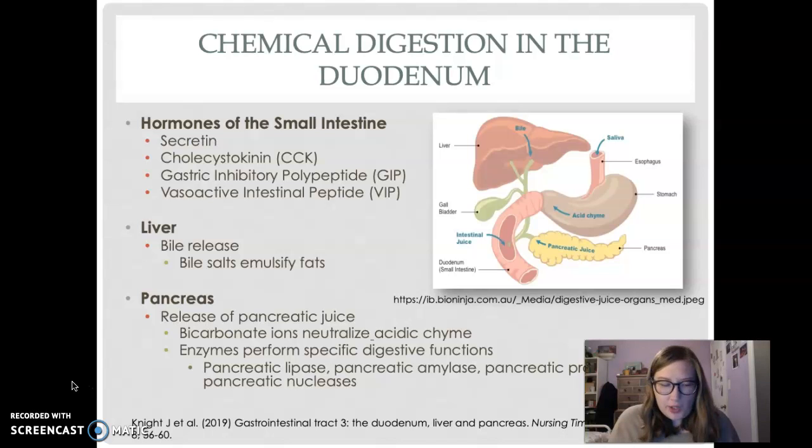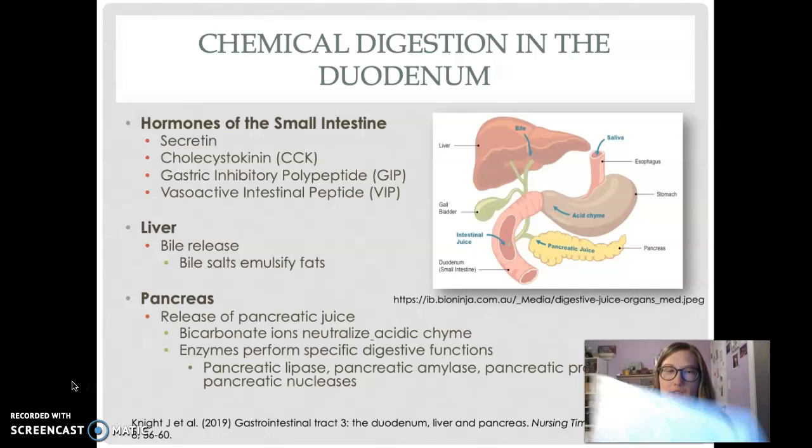Pancreatic lipase breaks down triglycerides into fatty acids and glycerol for absorption, like salivary and gastric lipase. Pancreatic amylase breaks down carbohydrates, or starch, into disaccharides and trisaccharides, which are eventually converted into glucose for use in the cells of the body. This function is like salivary amylase.